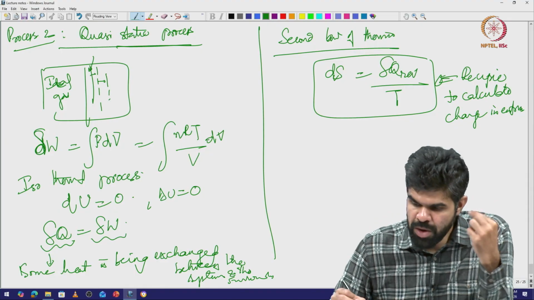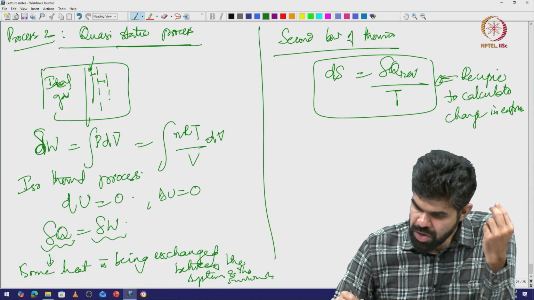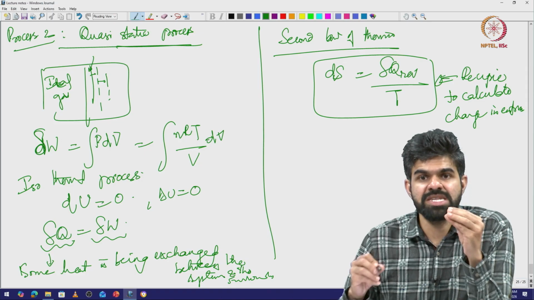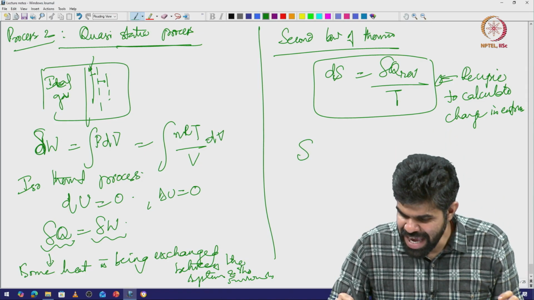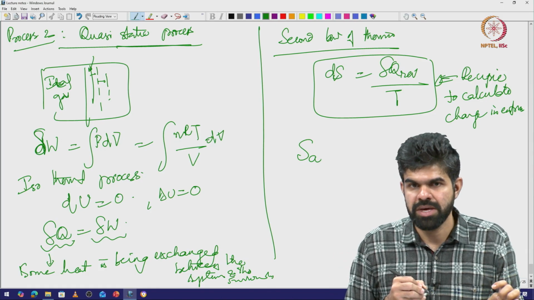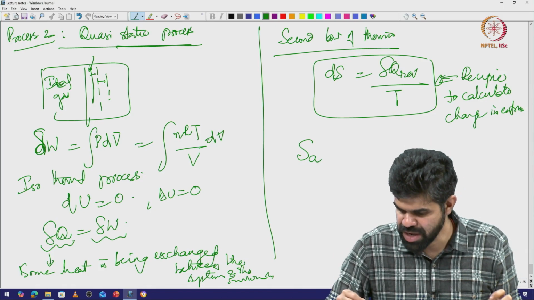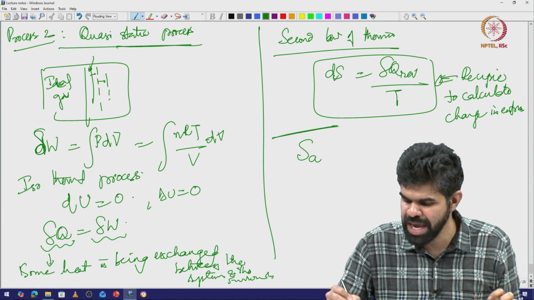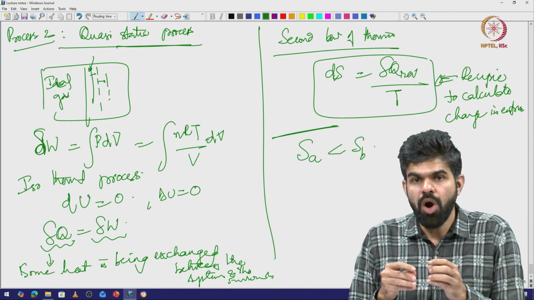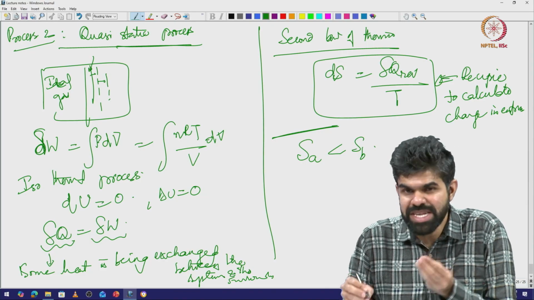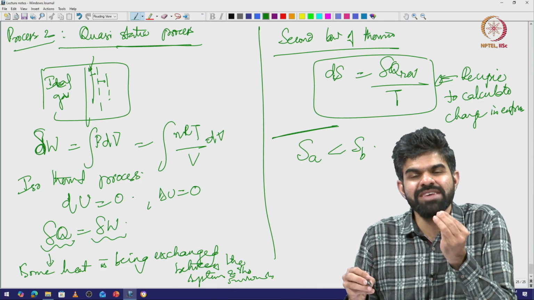Now, in this case, the system is losing its heat to the surrounding. So, we said S A, I start with system A, is less than S B. But it is losing heat in a very slow fashion.